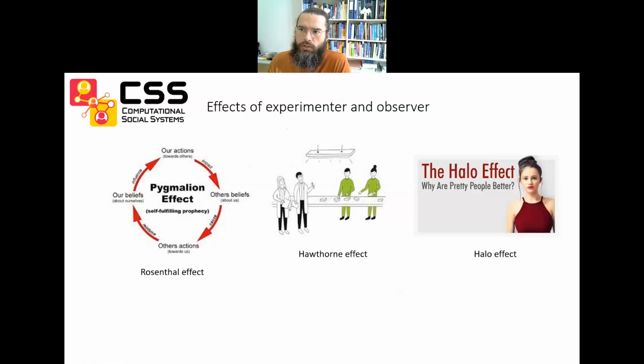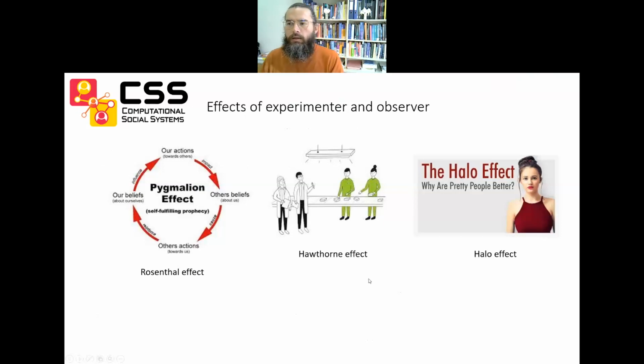The expectations of the experimenter change the way participants react, and so how people will behave in your experiment. This is why you should, whenever possible, have many experimenters and also different kinds of experimenters, just to have the different individual expectations cancel each other out, because they will necessarily go in different directions, right? Then you control for the effects of the Rosenthal effect.